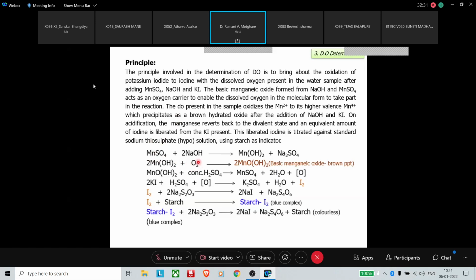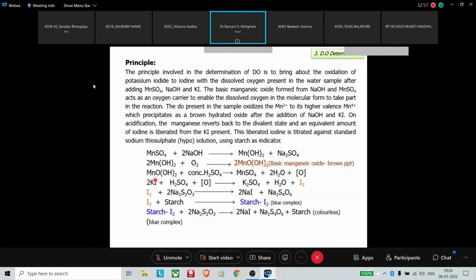Dissolved molecular oxygen present in water is trapped by the manganese sulfate which is there. So this manganese sulfate first forms manganese hydroxide, and this manganese hydroxide will trap the oxygen, forming basic manganic oxide.